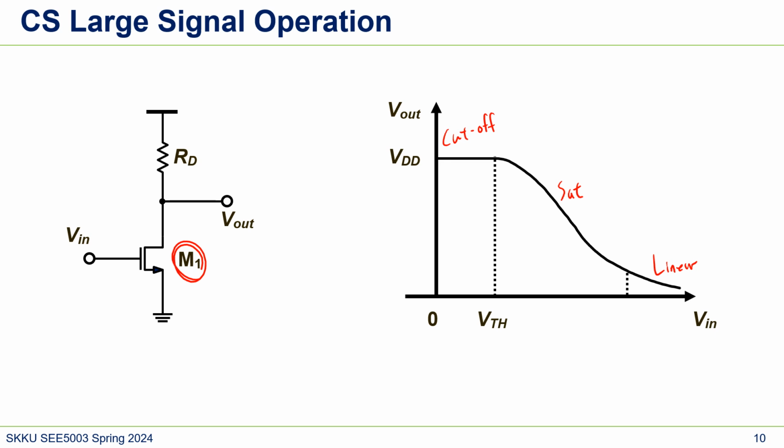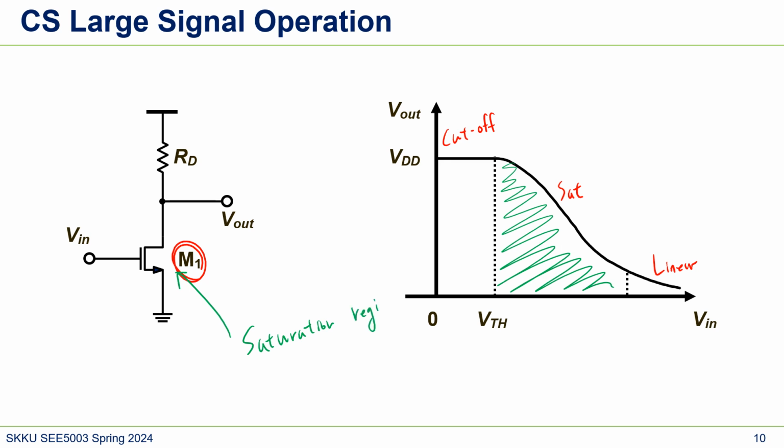The important part here is which area we're going to use. It's always here. We always try to make this operate in the saturation region. Why? First of all, the cutoff part we can't use because this MOSFET is not working. So whatever we do in Vin, Vout will not change. How about linear? In linear, we learned about GM, right?